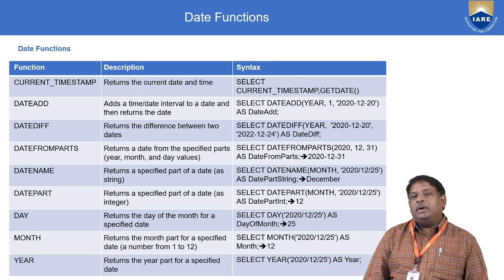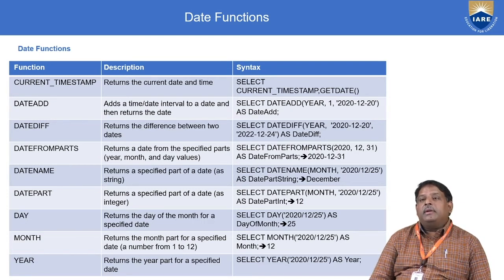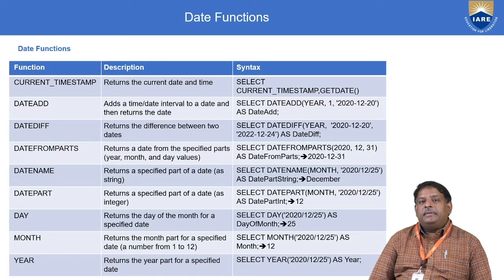Date name was giving you a string. Date part will give you the integer. So select date part of month of this. If you give month of a given date, this will give you the integer format. Date part was giving an integer. Date name was giving us the alphabetical, string part. That is date part.